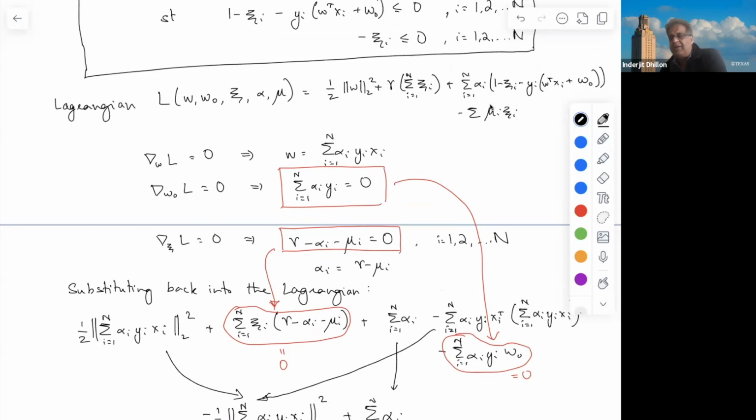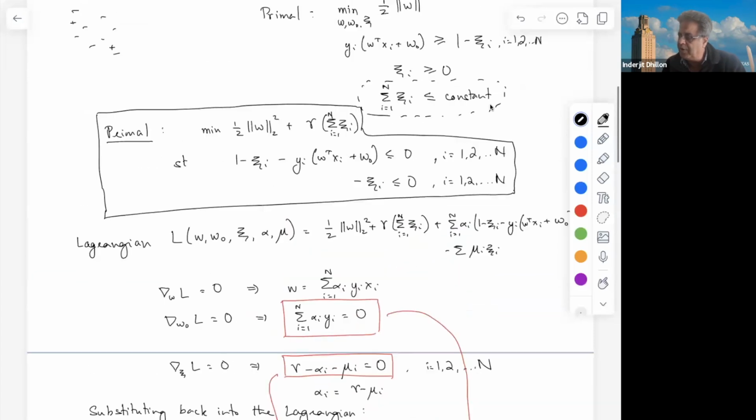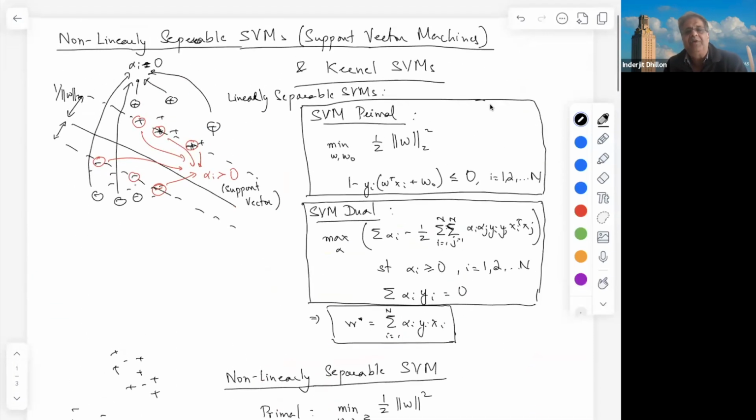Okay, but you see, it's pretty interesting, right? In a way, it's quite beautiful, honestly. When we did the SVM primal and the SVM dual for the linearly separable case, we pretty much got this dual.